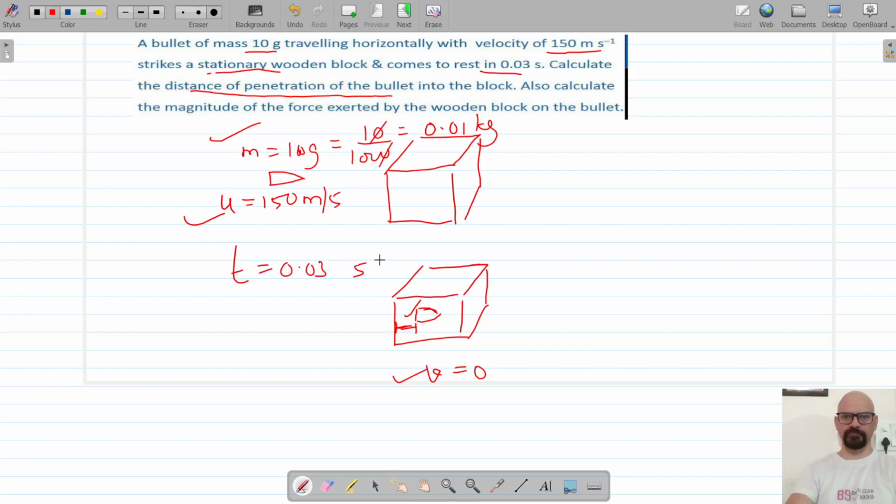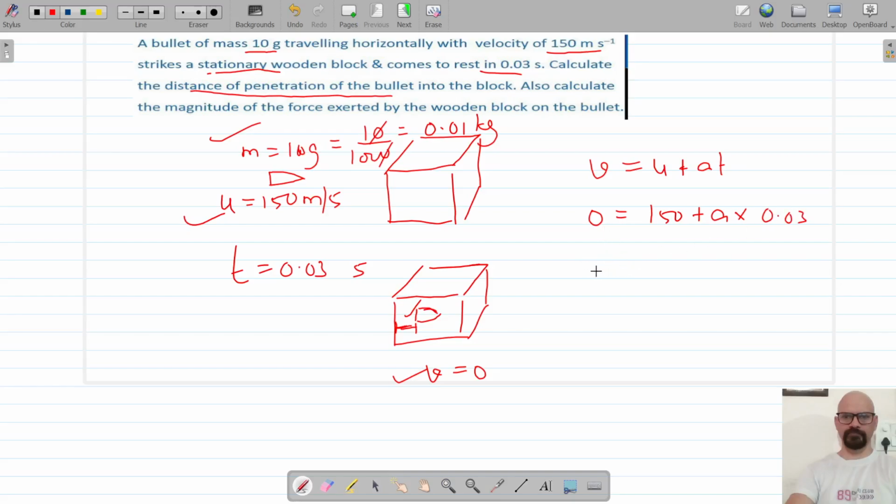So let's use the first equation of motion and find the acceleration first, because to calculate the distance, we have to find the acceleration first. So v is 0, initial velocity is 150 plus acceleration times time, and time is 0.03.